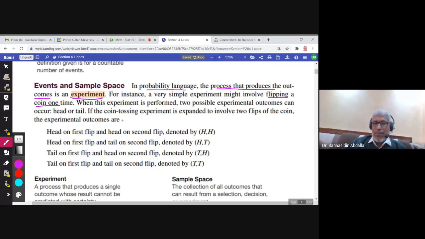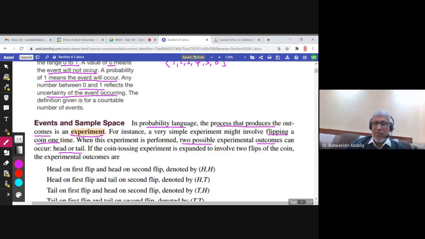When you flip a coin once, you have 2 possible outcomes, either head or tail.